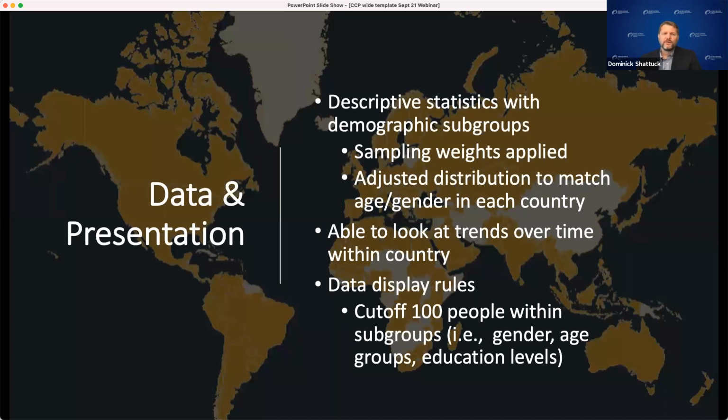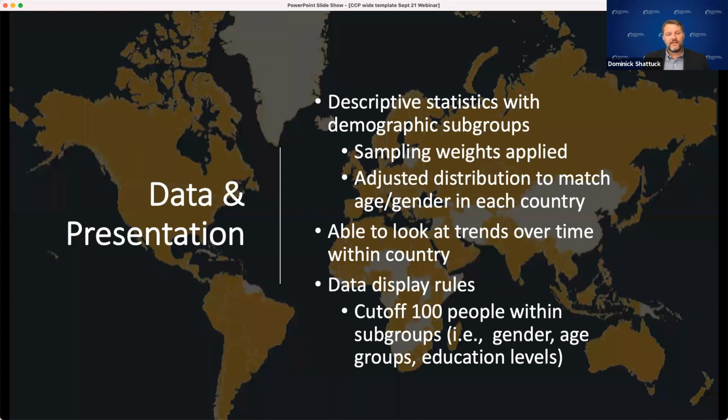Before Toyin and Doug dive a little further into the data and the dashboard elements, I wanted to take a moment to discuss the logistics behind this work. The dashboard contains weighted descriptive statistics. The weights adjust the distribution to match the age and gender in each country. We display longitudinal change over time in the dashboard, and you'll notice there will be some gaps in the data, particularly when you get into subgroups.